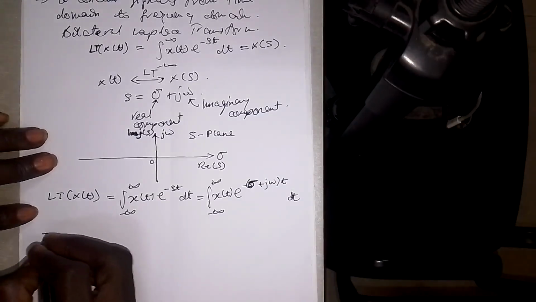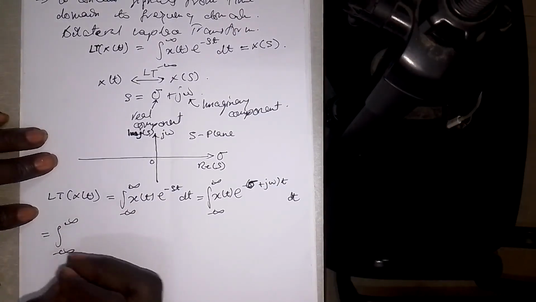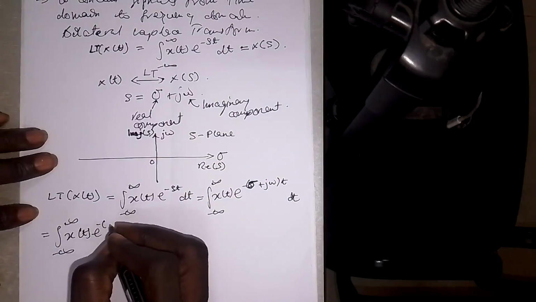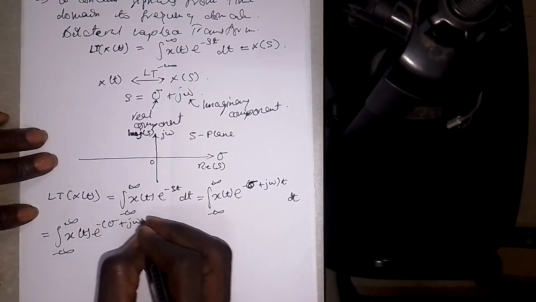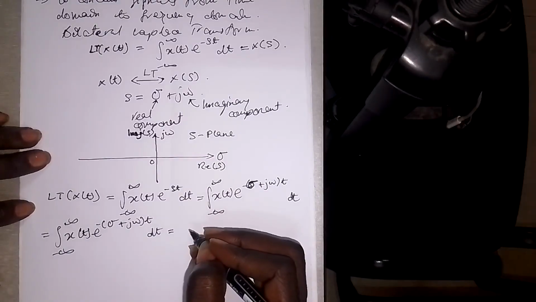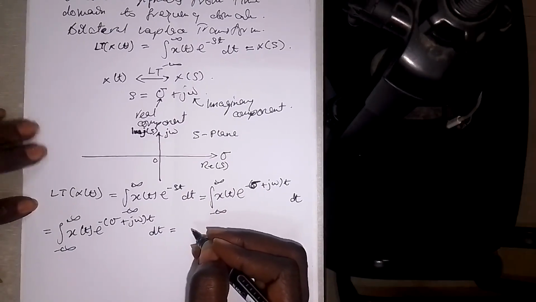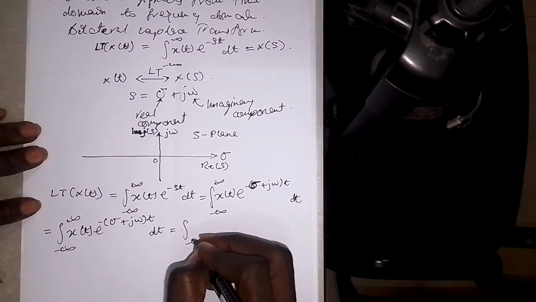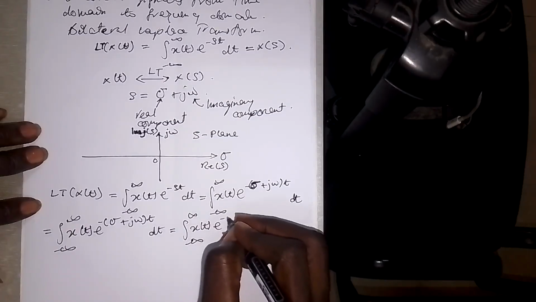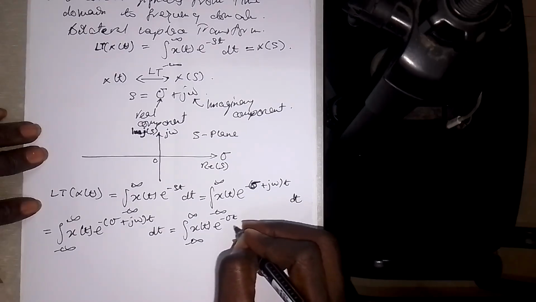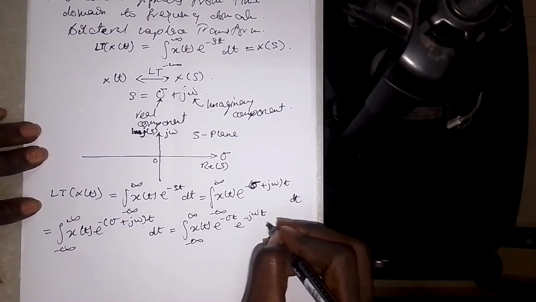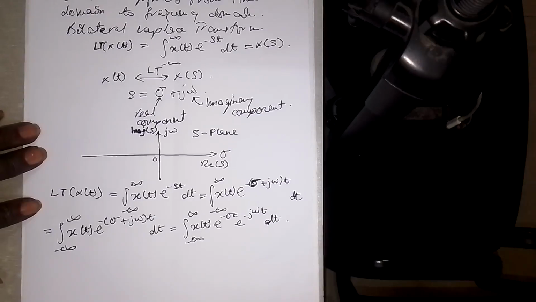Let me write it again: the integral from minus infinity to infinity of x(t) e^(-(sigma plus j omega)t) dt, which equals the integral from minus infinity to infinity of x(t) e^(-sigma t) e^(-j omega t) dt.